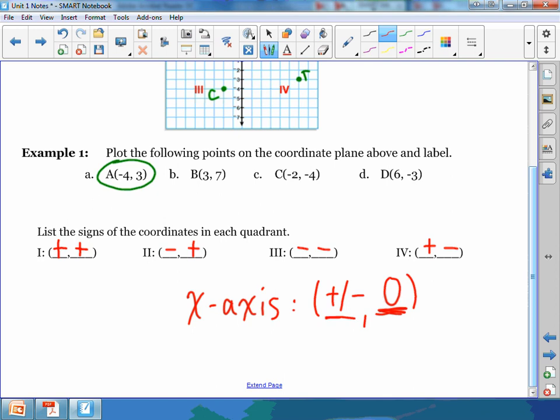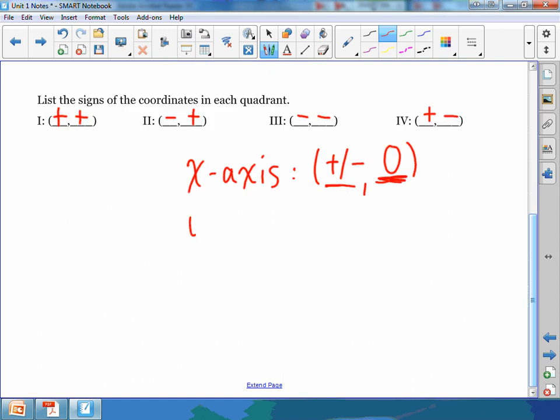You just know that that second coordinate, which is the y, has to be 0. All right, so then what if I wanted to land on the y-axis? Vertically. What's going to get us there, Matt? The second one would, and then the second one would be, yeah, same thing. Could be either positive or negative.